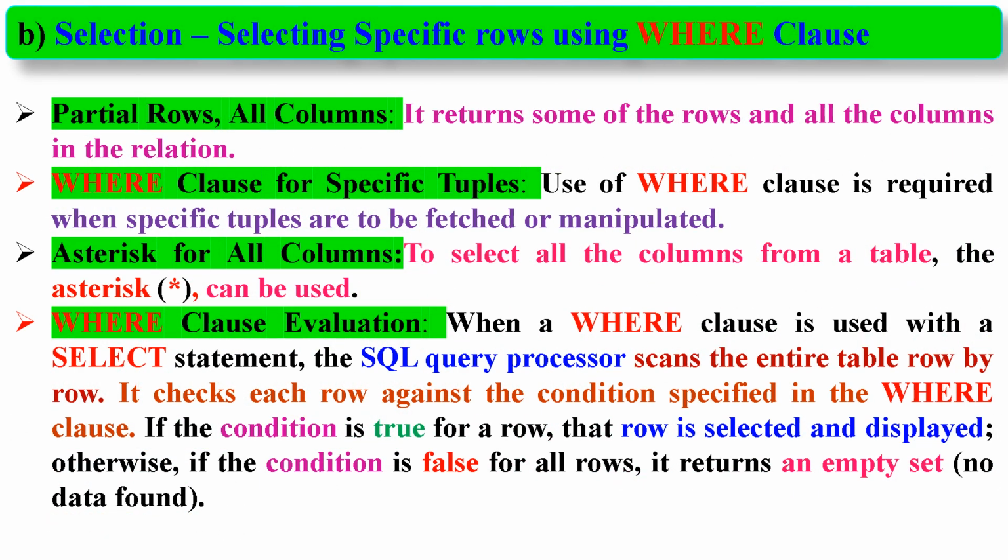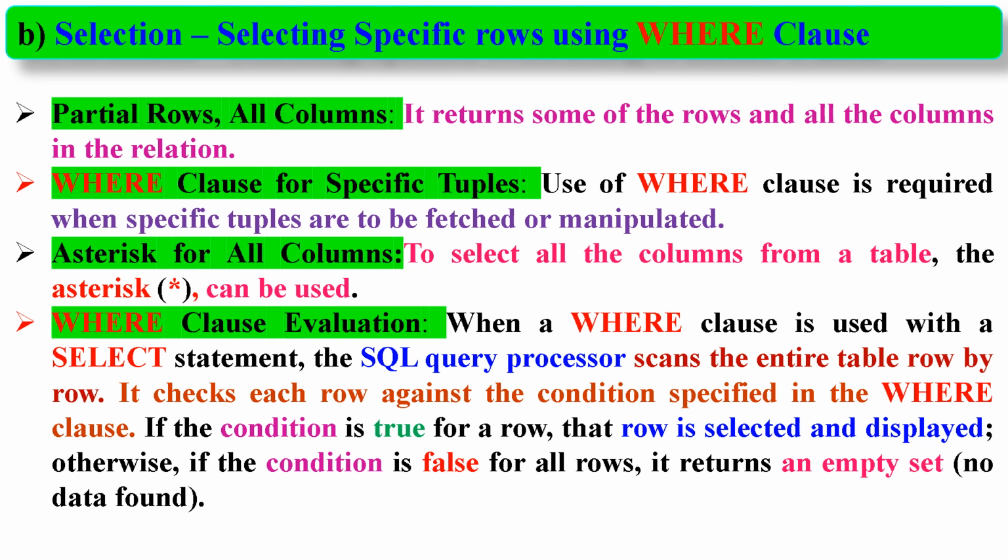Let's learn about selection, selecting specific rows using where clause. Partial rows, all columns. It returns some of the rows and all the columns in the relation. Where clause for specific tuples. Use of where clause is required when specific tuples are to be fetched or manipulated. Asterisk for all columns. To select all the columns from a table, the asterisk, that is star symbol, can be used.